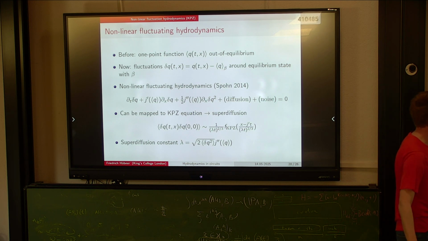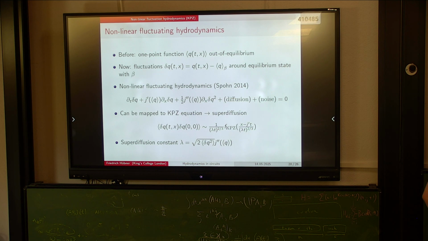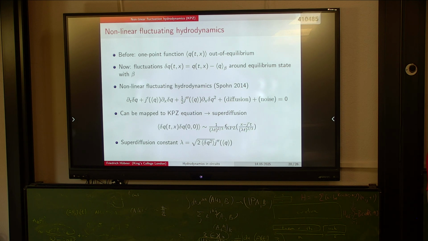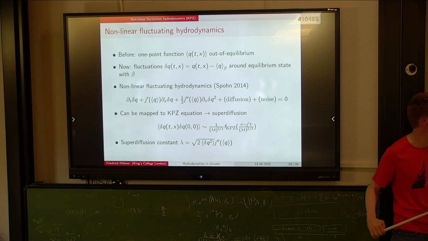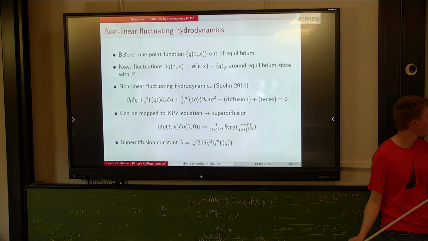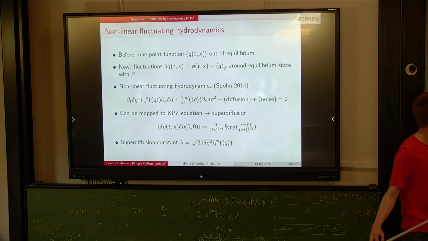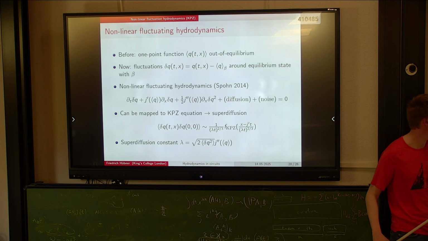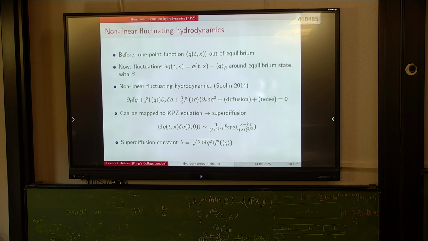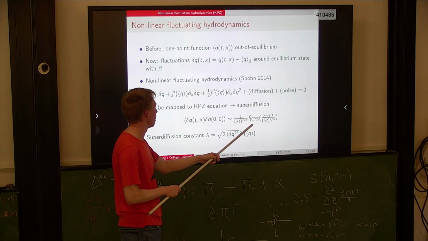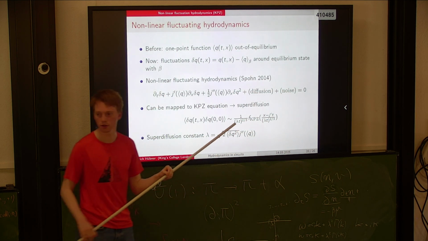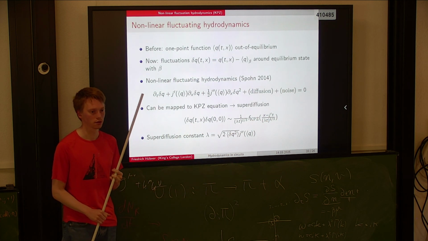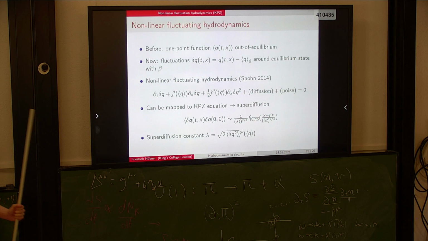For this, there's this famous theory of nonlinear hydrodynamics by Herbert Spohn, which means you expand your current up to second order in the perturbation, you add some diffusion and some noise, and then you realize this can be mapped to a KPZ equation, and this gives you two-thirds superdiffusion, so the correlation function has this two-thirds scaling, and there's some superdiffusion constant here, which only depends on the second derivative of the current. And so this is something that we can also compute.